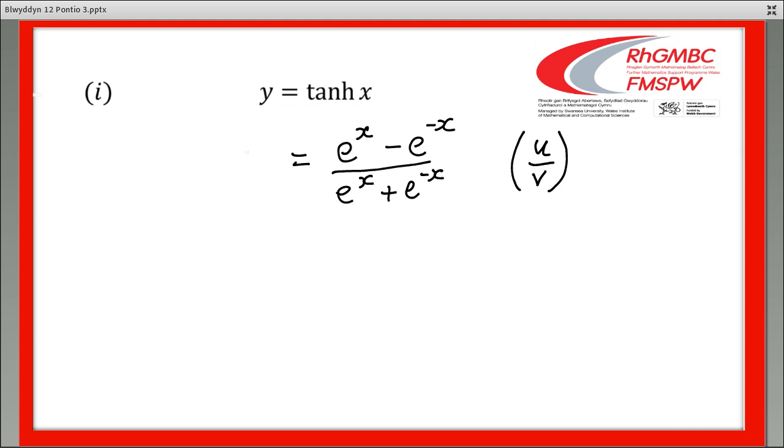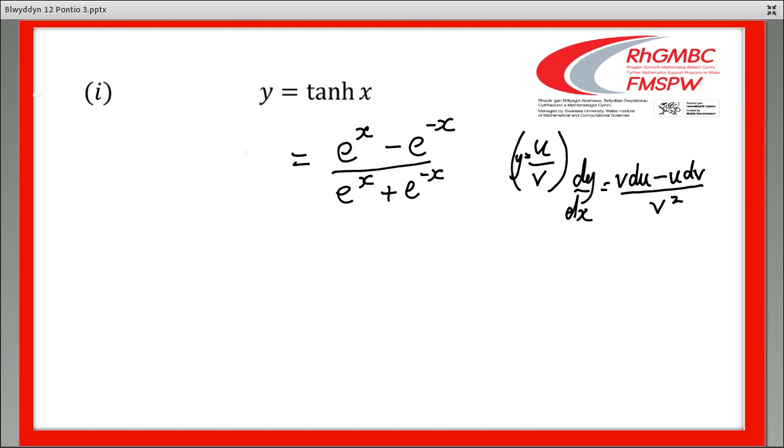Now the rule is, if that's my function y, then dy by dx is equal to, I copy down the v function and I multiply it by the differential of the u function. And this is the sneaky bit. We then subtract, copy down the u function and multiply by the dv function. And that's all divided by v squared.